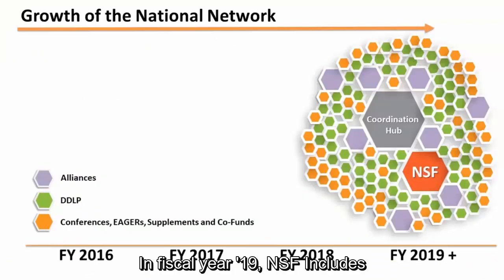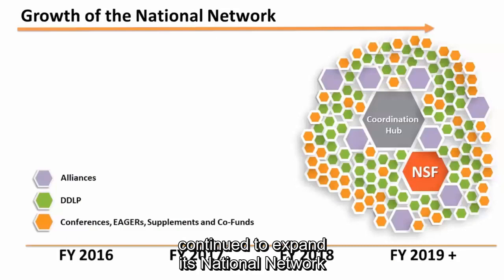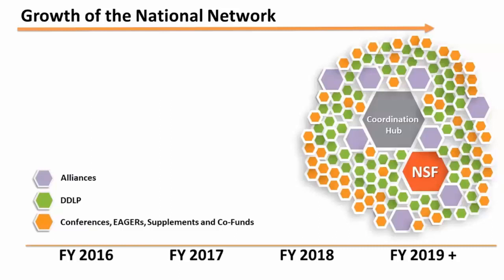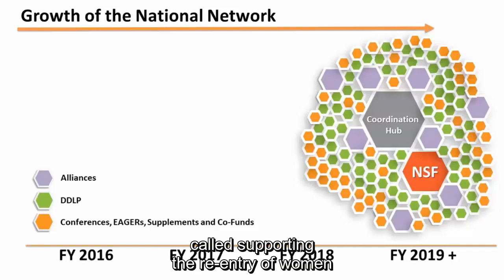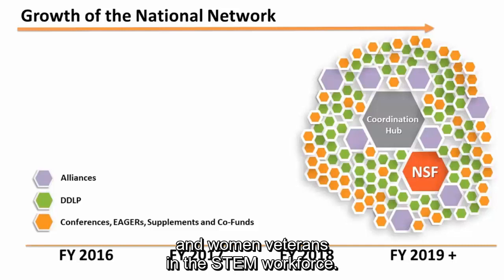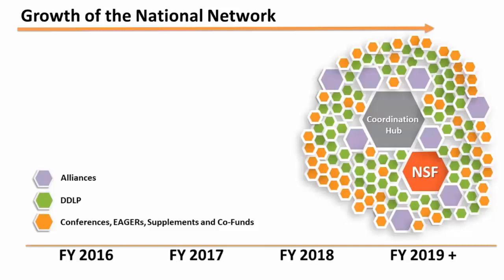In fiscal year 19, NSF INCLUDES continued to expand its national network through Dear Colleague Letter, or DCL, NSF 19-038, called Supporting the Reentry of Women and Women Veterans in the STEM Workforce.